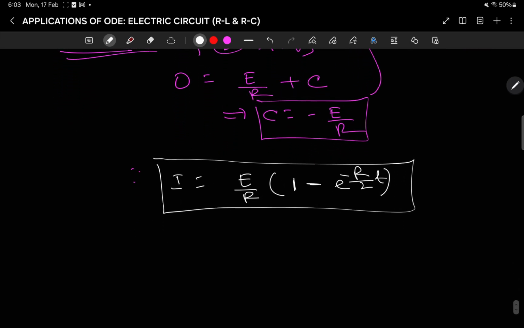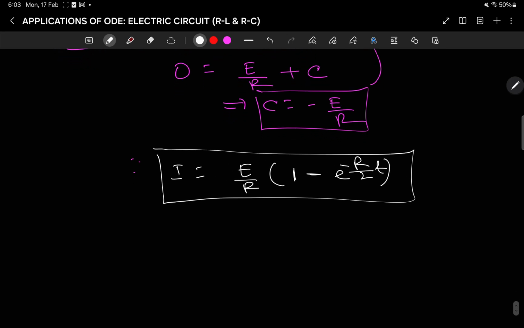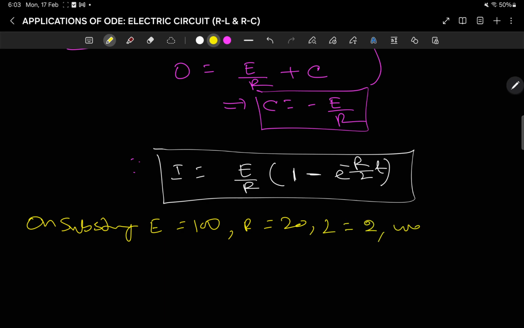Now the given data we substitute here. On substituting E is equal to 100, R is equal to 20 and L is equal to 2, we get I is equal to 100 by 20 times 1 minus e to the power minus 20 by 2 t.